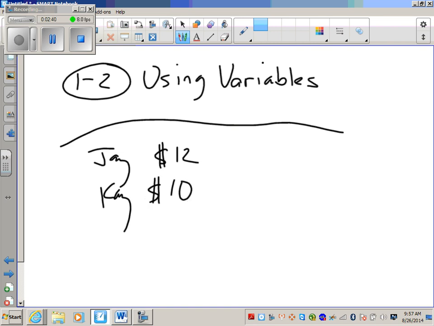It was always $2 less. So if I knew how much J had, I was subtracting 2 every time to find out how much K had. Now the opposite is true. If I know how much K has, if I say K has $16, then how much does J have?